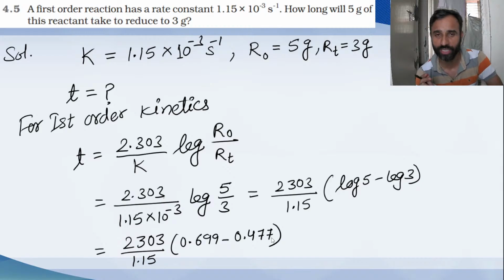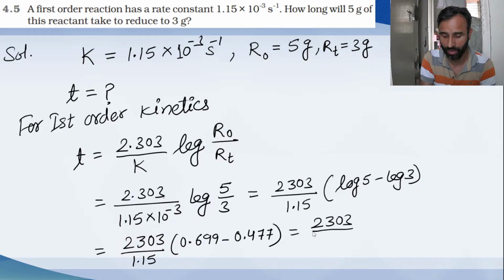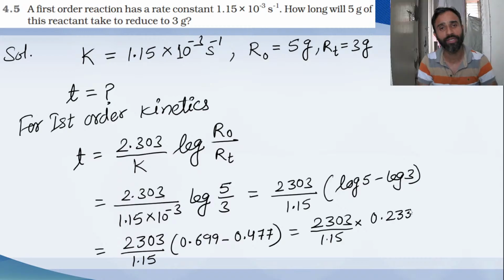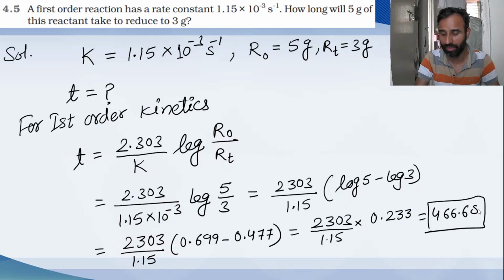Log 5 is 0.699 and log 3 is 0.477. So it is equal to 2303 by 1.15 into 0.233, right? So it becomes 2303 into 0.233 divided by 1.15. So it is 466.6 seconds. Time is in seconds.